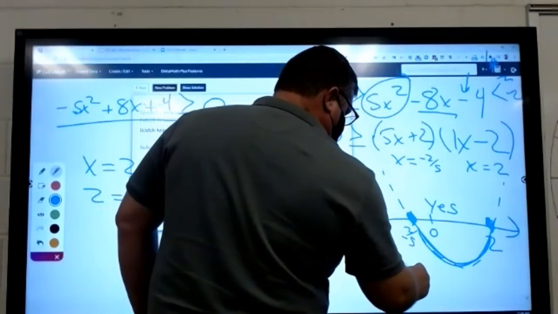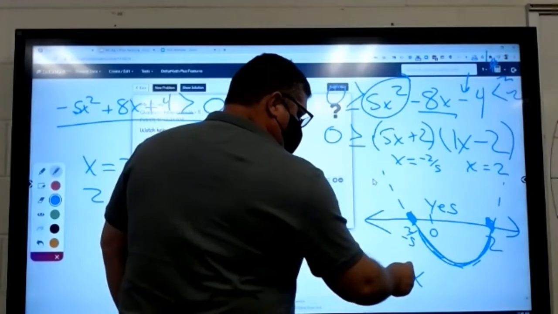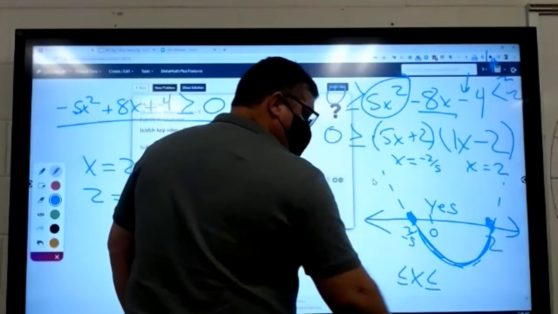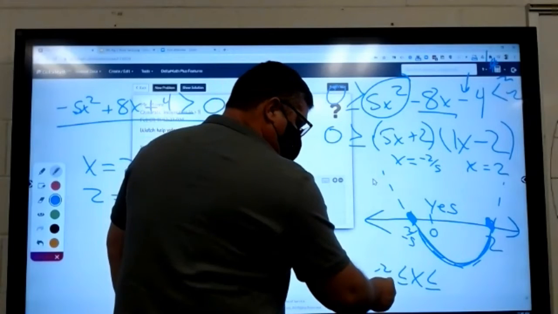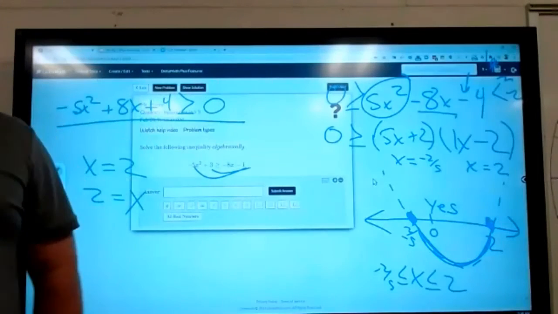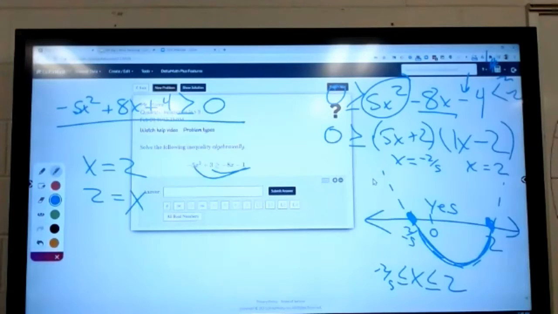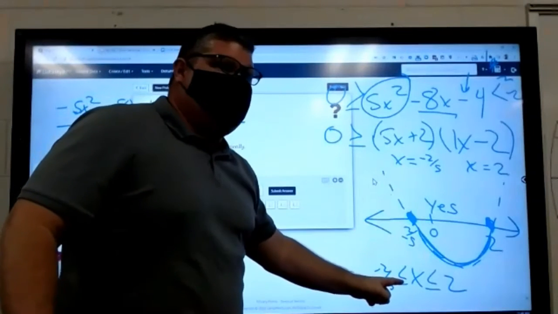So how would I write it? Well, how do I write where the X is in the middle? Correct? What goes over here? Does that say from here to there? Yeah. Now, how come this has nothing to do with that sign right there?